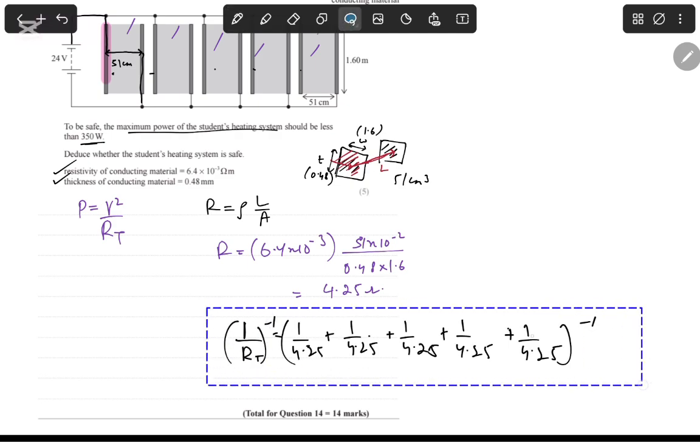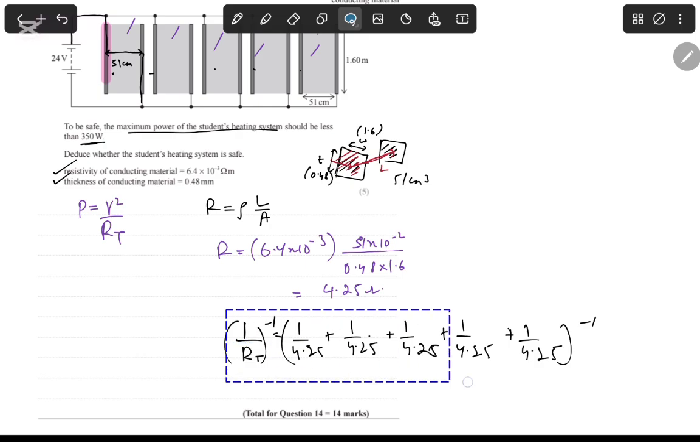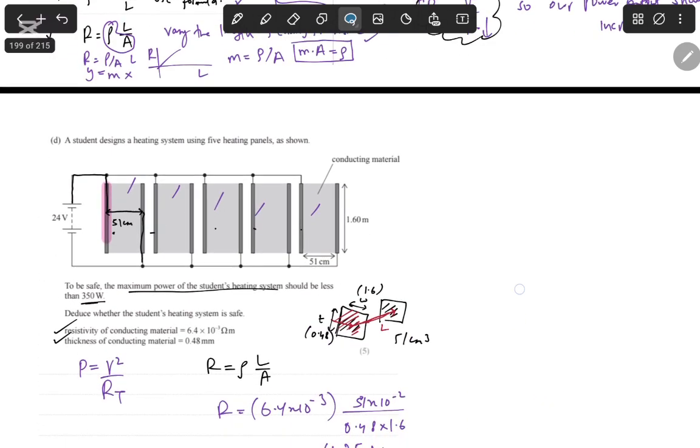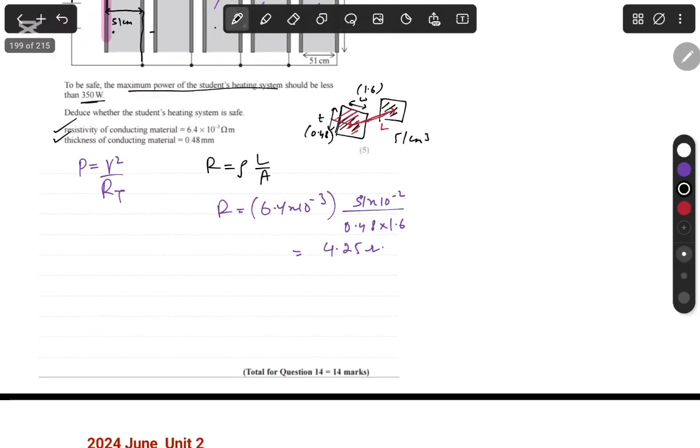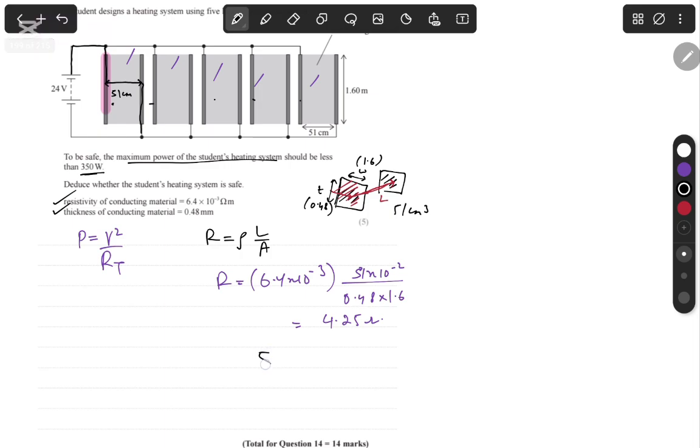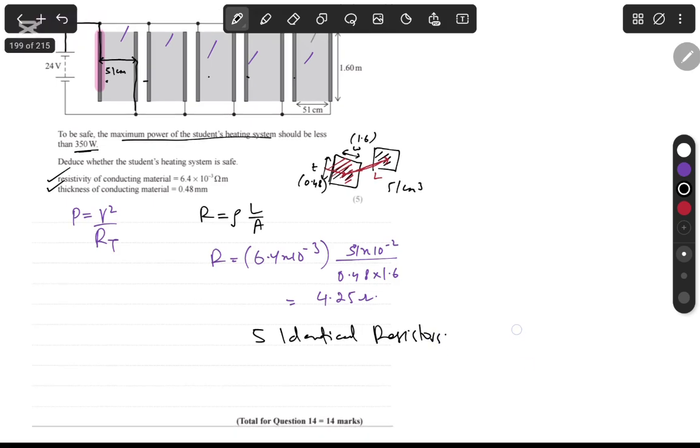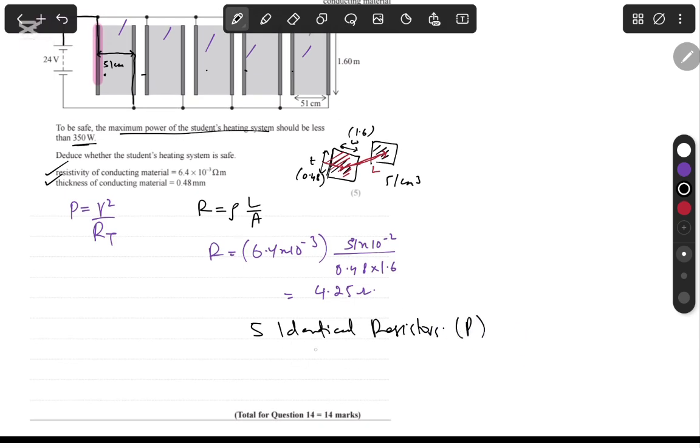There's an easier way to do this as well. Since all of them have the same resistance, we have 5 identical resistors that are connected in parallel. If you have 5 identical resistors connected in parallel, then your total resistance will be the resistance of one of them divided by the number of resistors.